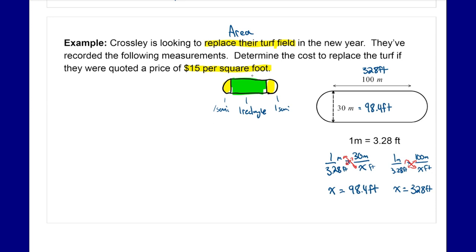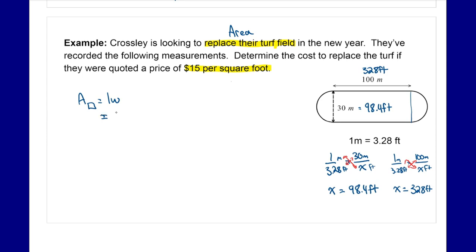Now you don't need to draw a rough sketch and show me what you're breaking it up into. You could do that over here as well. I just wanted to do that roughly off to the side to organize my thinking. So the area first: the area of the rectangle is length times width. I have the length and the width.